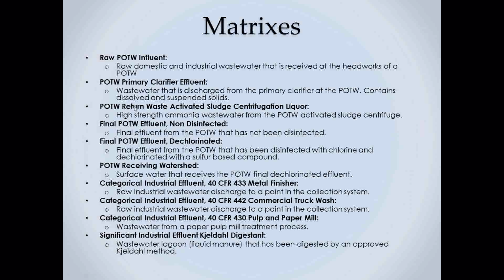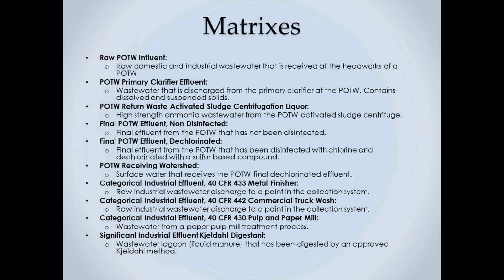Return waste activated sludge centrifugation liquor. So this is a plant that has to remove ammonia. So they centrifuge their activated sludge, basically their biomass, and that centrifugate has a lot of dissolved material and a lot of ammonia. So this is a high ammonia concentration sample. The POTW effluent, basically after everything is treated, before it's chlorinated.